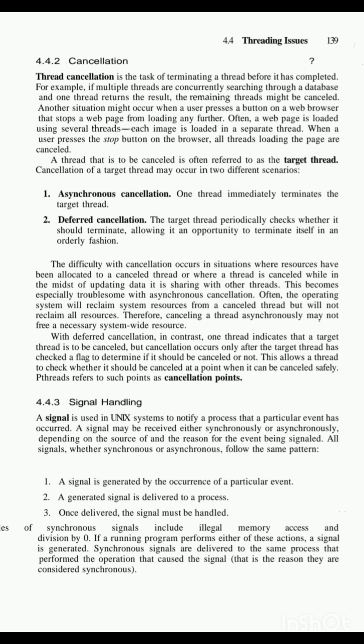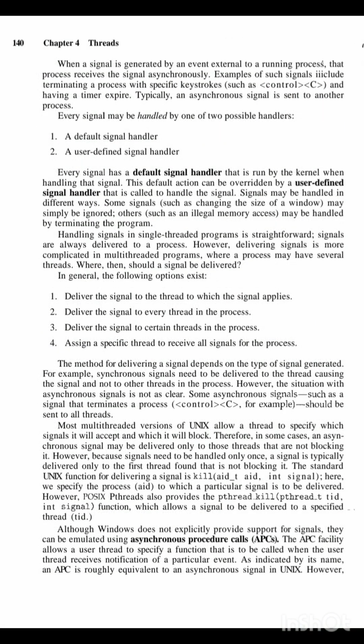When a signal is generated by an event external to a running process, that process receives the signal asynchronously. Examples of such signals include terminating a process with specific keystrokes and having a timer expire. Typically, an asynchronous signal is sent to another process. Every signal may be handled by one of two possible handlers. Number one, a default signal handler. Number two, a user-defined signal handler.